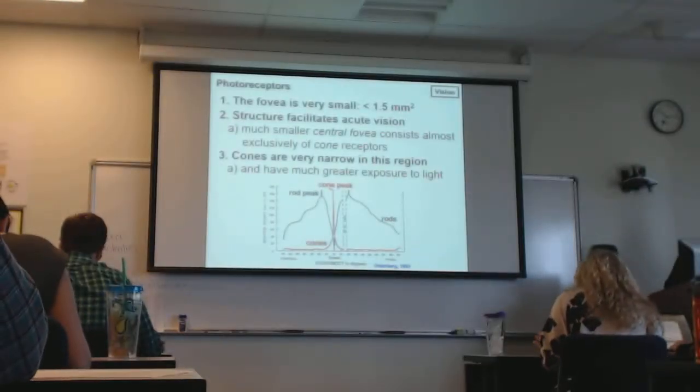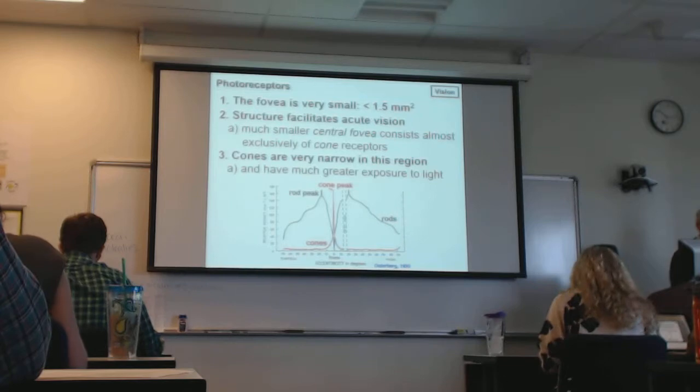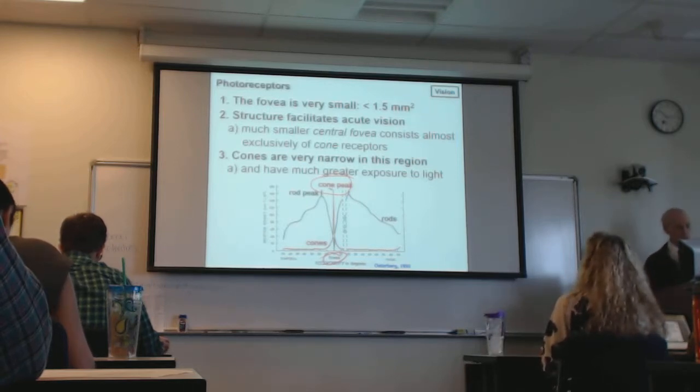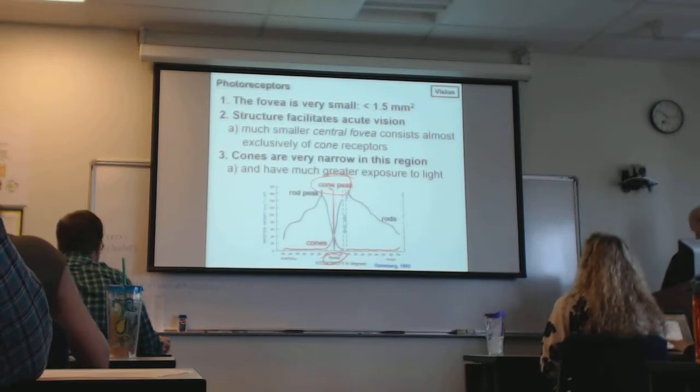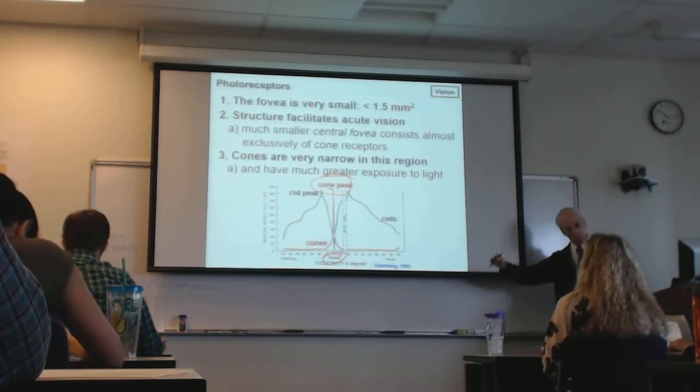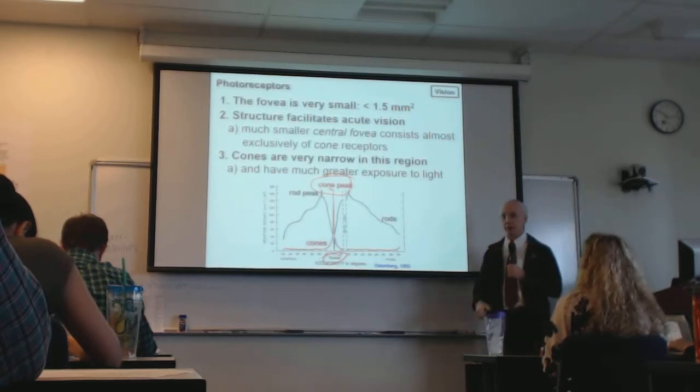What does that mean? If you look at this relative abundance curve here, you'll note that at the fovea, there's a much higher concentration of cones than rods, and then peripheral to the fovea, there's a high concentration of rods, diminishing as we move away from the fovea.